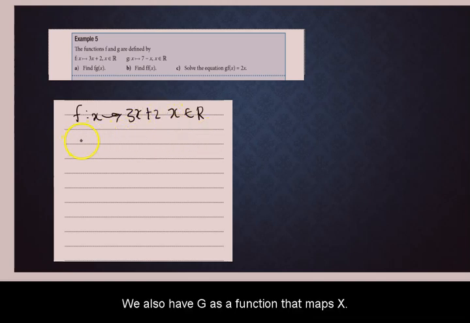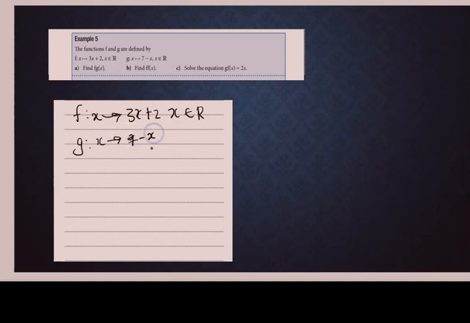We also have g as a function that maps x to 7 minus x, where x is a member of R. So we are to find A, fg of x.